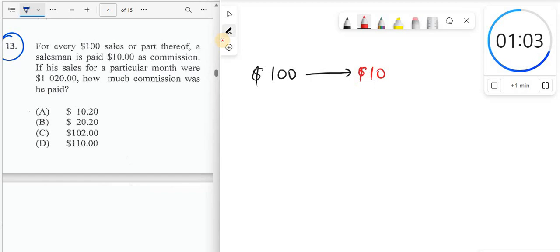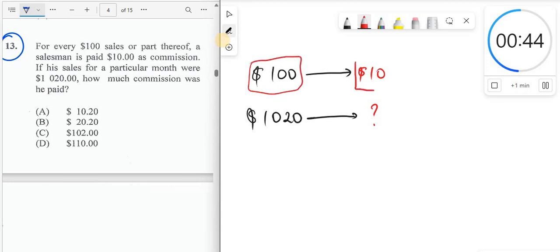Now, if his sales for a particular month were 1,020, so let's say he makes $1,020, how much will he make in commission? That's the big question. Remember, for every $100 this guy is making, they're paying him $10.